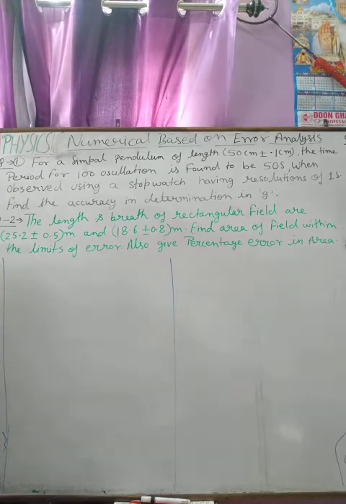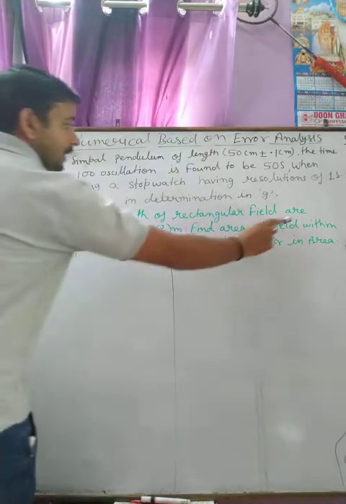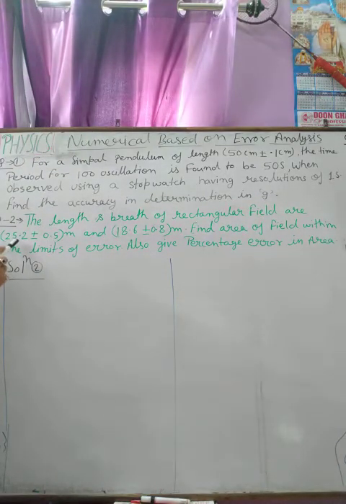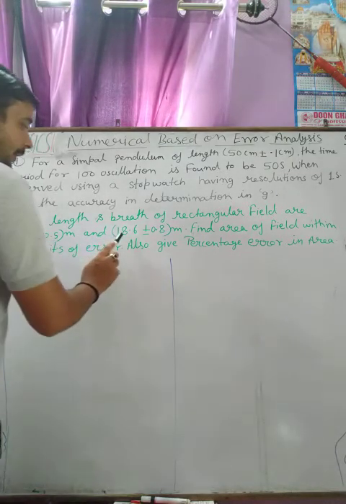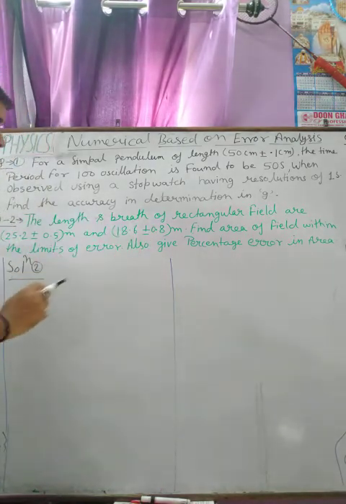In the first problem, which we solve at solution number, problem 2. Okay students, in the first problem the length and breadth of a rectangular field are 25.2 ± 0.5 meter and 18.6 ± 0.8 meter.